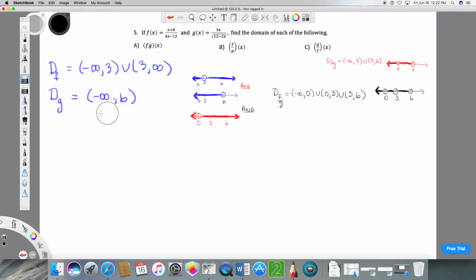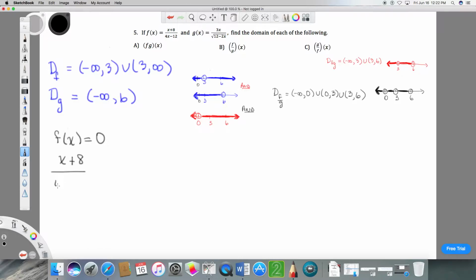So in part C, the idea is very similar. We intersect the domain of F with the domain of G, but this time we're concerned, is there any value of X that would ever cause F evaluated at X to be 0? Well, let's temporarily let it happen, even though we actually want to avoid this, so we know what value of X is causing this to be true.